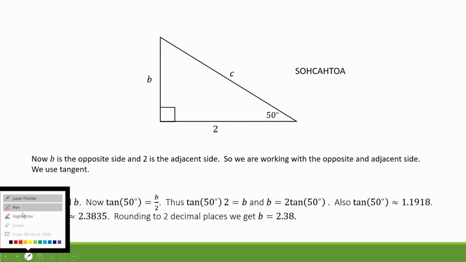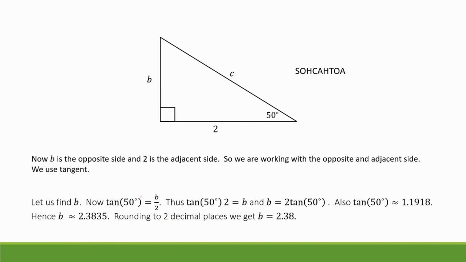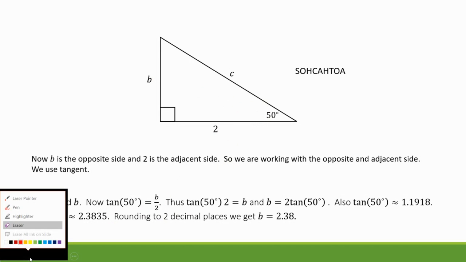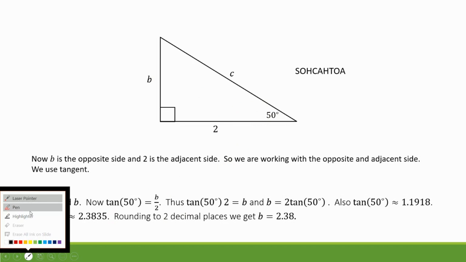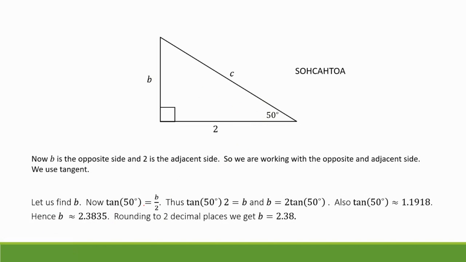So we want to isolate it. Well, how are we going to do that? Well, we can multiply. Oh, sorry, I drew the wrong thing. There we go. So what I'm going to do is multiply both sides by 2. We want to get B all alone.